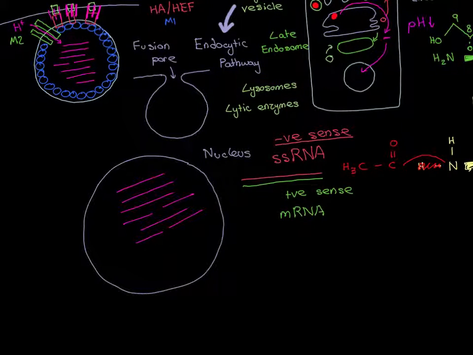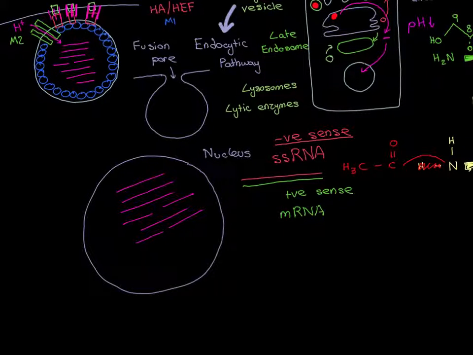So if we were talking about genome segment 1, it would then be able to make the PB2 protein, etc. Okay. So that's the first thing that's going to happen. All of these pieces of RNA in these ribonuclear proteins are going to be copied to make the complementary piece of RNA, the positive sense piece of RNA, which is then going to be sent out of the nucleus into the cytoplasm and will actually make that protein. So we're going to start making our proteins.